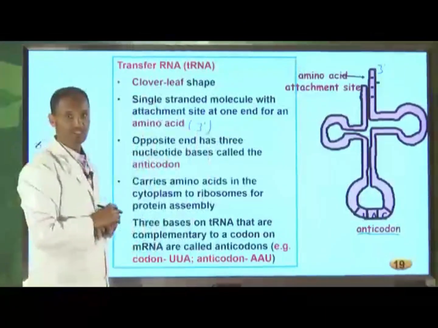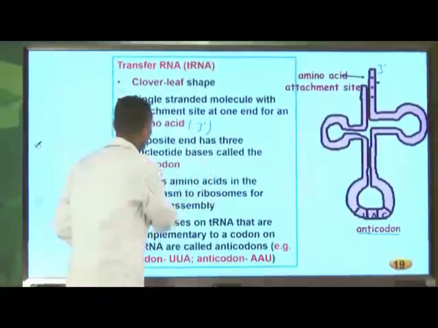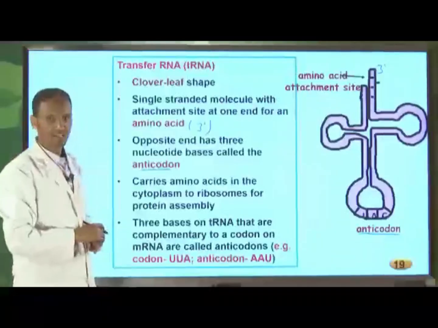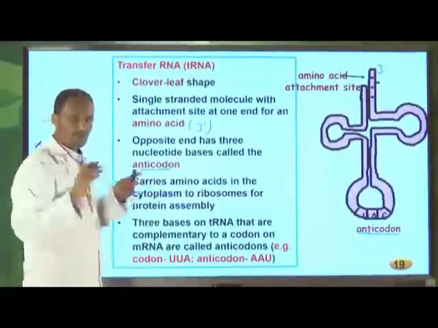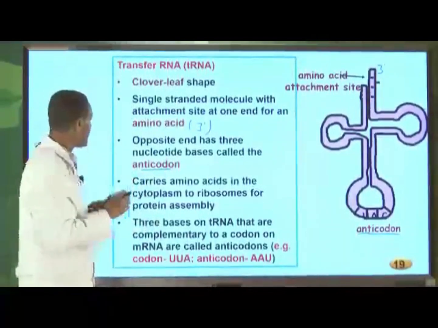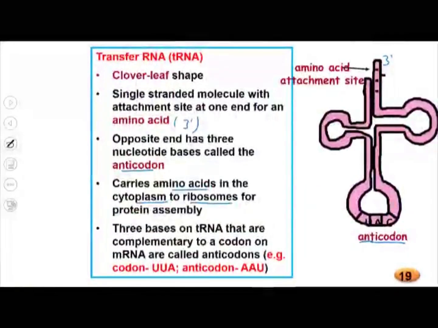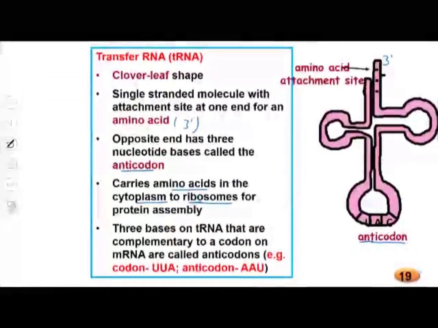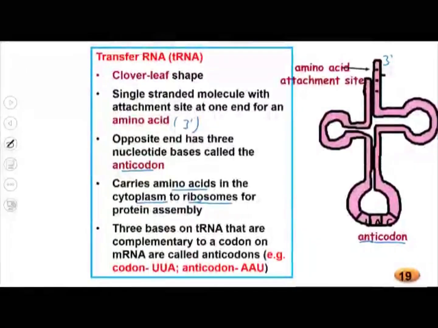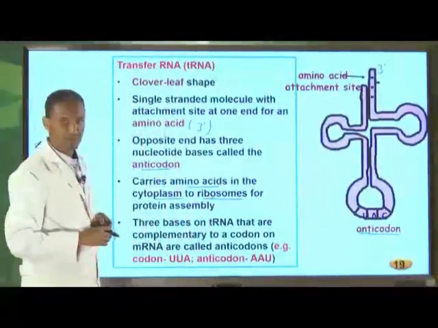The opposite end has 3 nucleotide bases, the so-called anticodon, which is complementary to the codon on messenger RNA. The main function of transfer RNA is to carry amino acids in the cytoplasm to the ribosome, the site of protein synthesis. It can carry different amino acids to the ribosome for protein assembly.